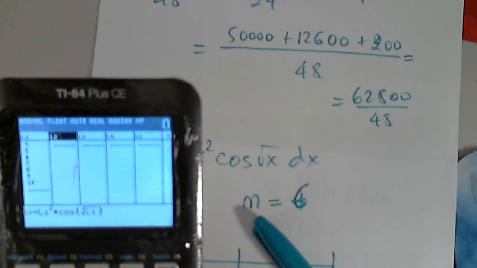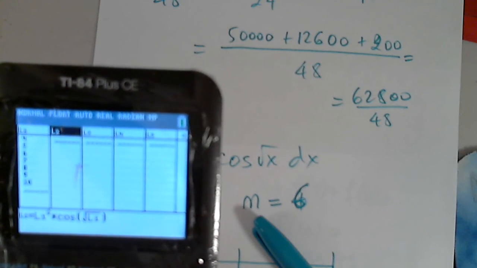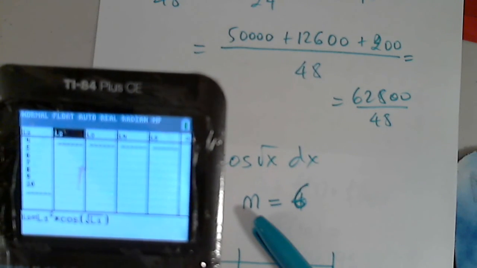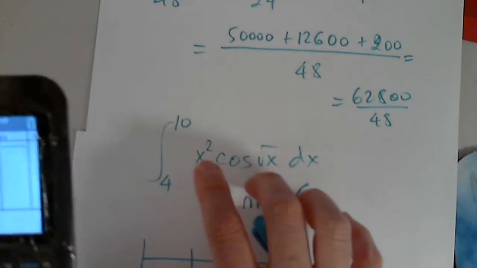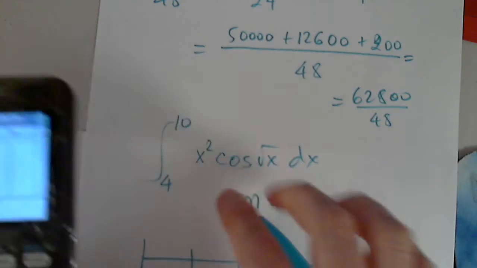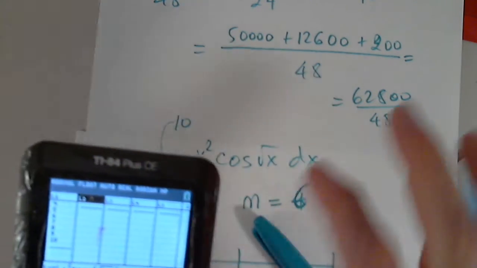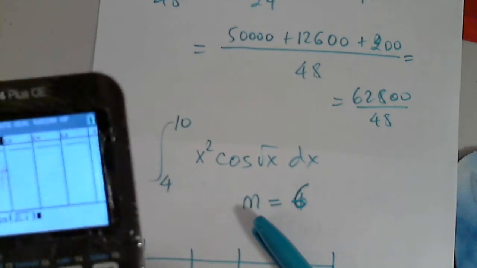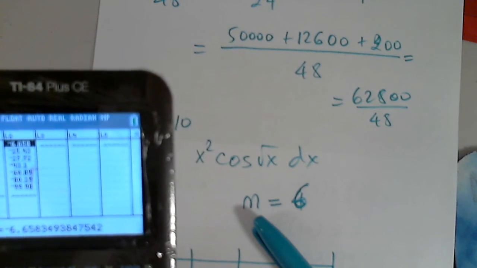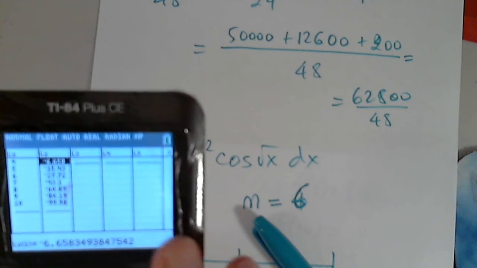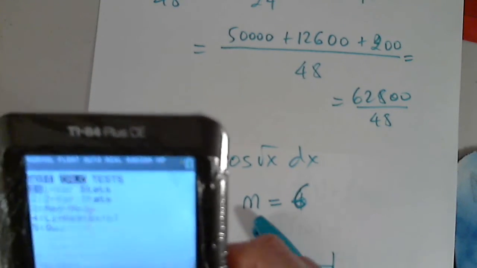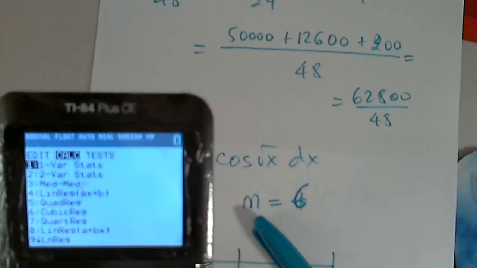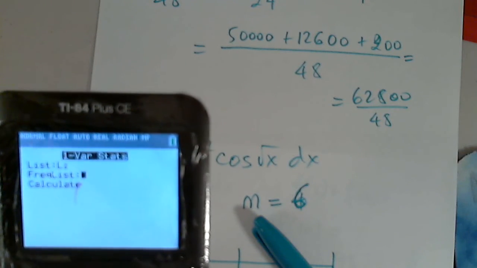Go outside and close the parenthesis. And this is your function. So the calculator will multiply the first entry, 4 squared cosine of the square root of 4, and then the next one. And it will give us all the answers at once. And then you second and quit and go to stats and perform calculations, one variable stats with list L2.